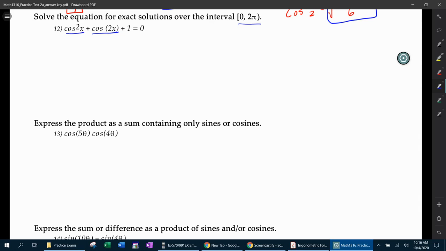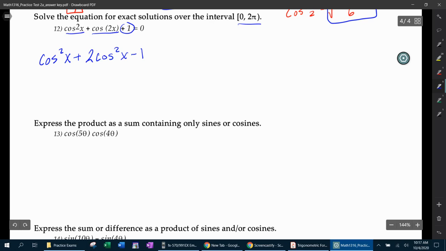I'm going to choose 2 cosine squared theta minus 1 because of the other trig function being in terms of cosine. Okay, so I've got my cosine squared x plus, and for cosine of 2x, that's going to be 2 cosine squared x minus 1.